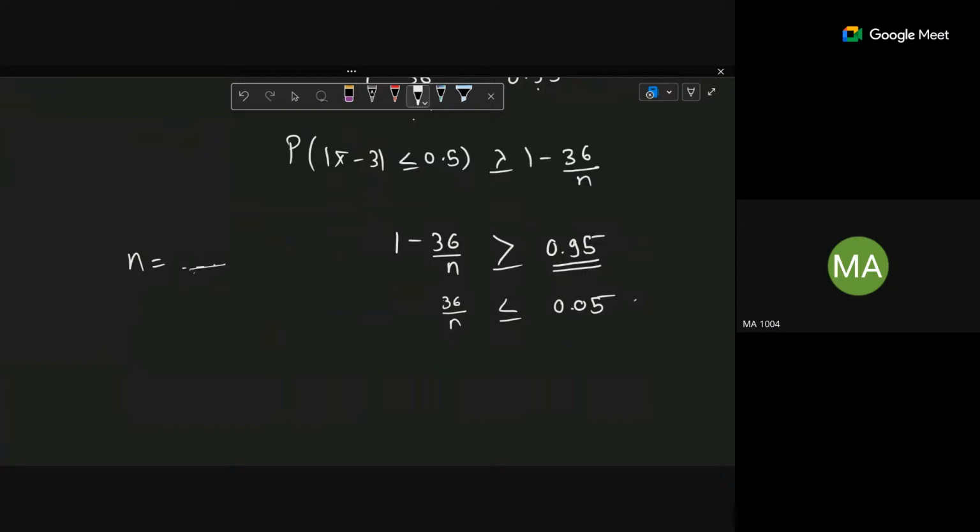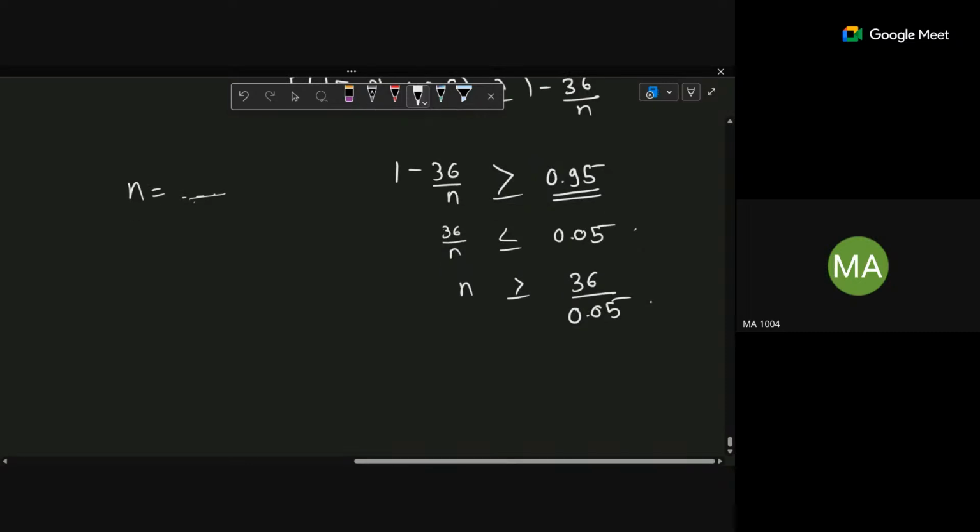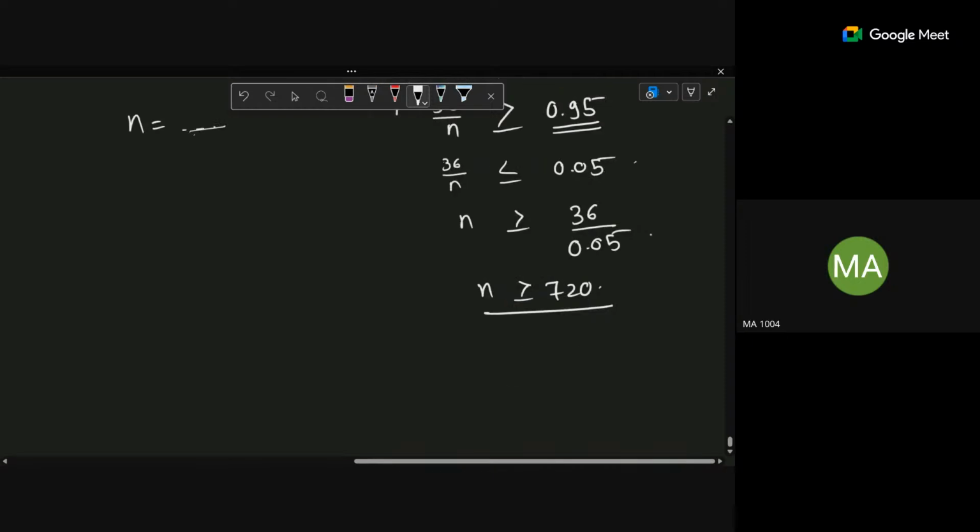So what will be your n? n is greater than or equal to 36 by 0.05, and that is 720. So n is greater than or equal to 720. Is this your lower bound or upper bound for n?